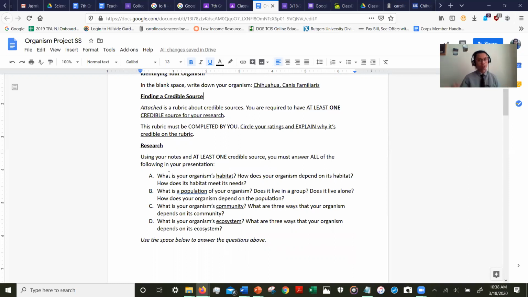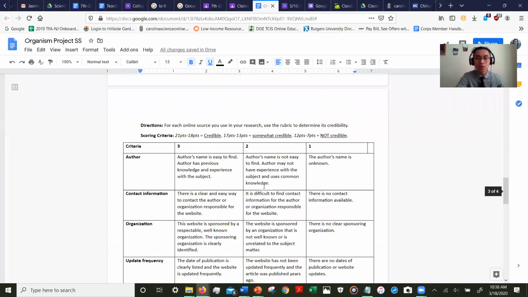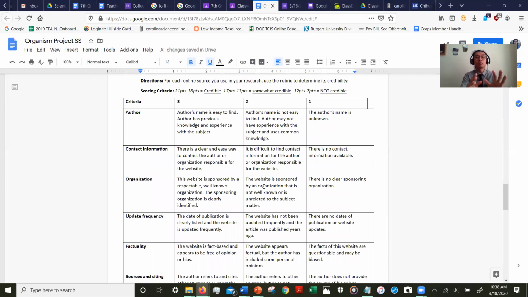So first, I need to find a credible source online. Well, that should be easy, right? Well, not exactly. To find a credible source, let's go ahead and find the credible source criteria. Now, there is a scoring criteria, and you are going to indicate where your source lands.